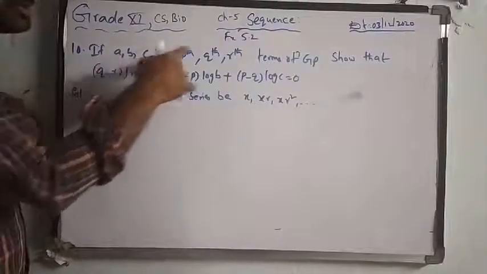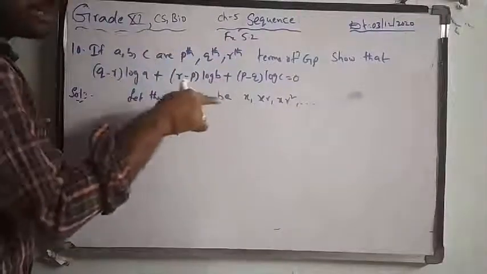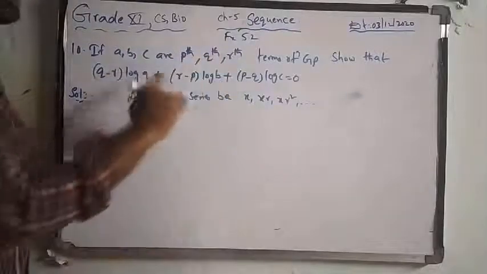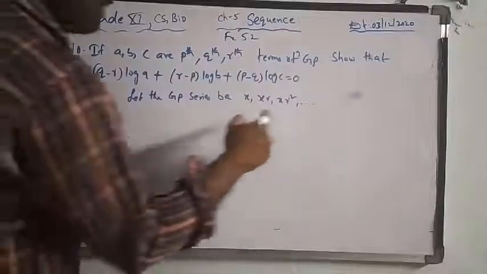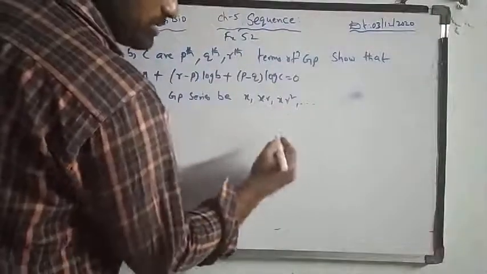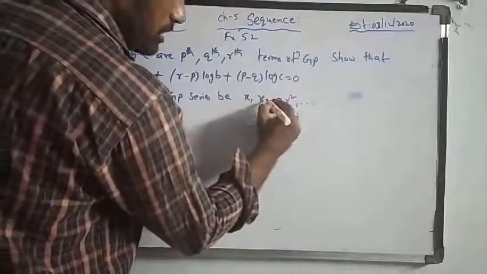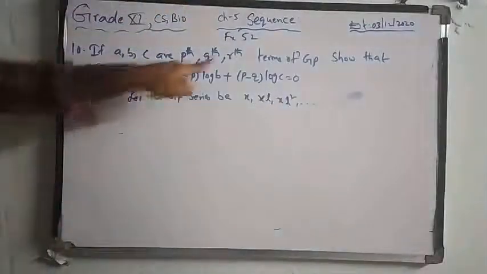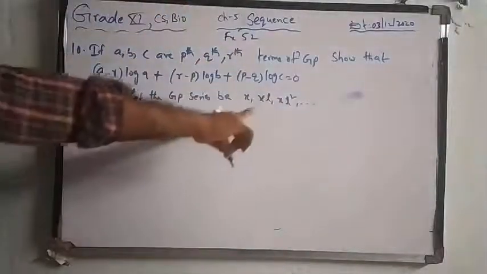Since a is already used for the pth term, it may cause confusion. To avoid that, let us take another variable, x. For the common ratio, if you want to change it, let us put L, since r is already there, so to avoid confusion we are taking different letters.